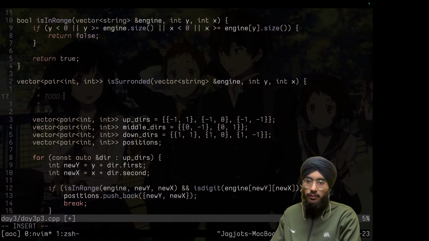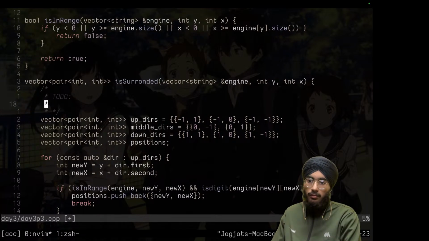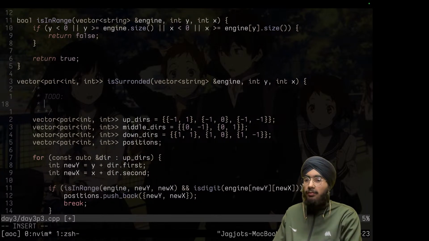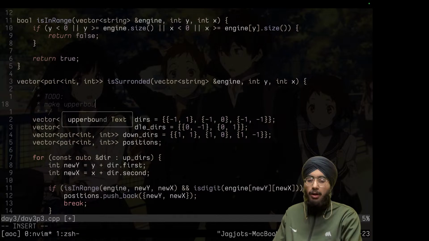To do: make upper bound, fix upper bound.